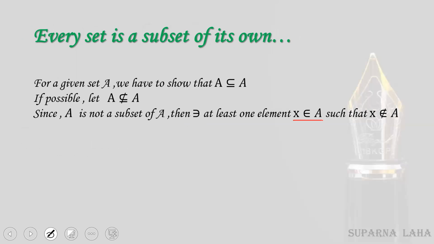Here I am taking X belongs to A, but X does not belong to A. This is a contradiction because it is not possible. First I am taking X is in A and then X does not belong to A, which is a contradiction. So if we reach a contradiction, we can say that our assumption is wrong. That is, A is a subset of A. So every set is a subset of itself.